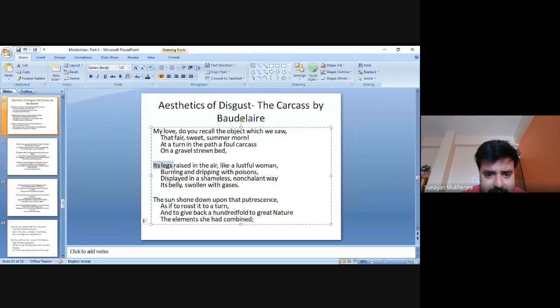see its legs raised in the air like a lustful woman, burning and dripping with poisons, displayed with shameless nonchalant way, its belly swollen with gases. Now, have you ever come across a poem which describes the dead body, the belly swollen with gases, the sun shone down on that putrescence, the gangrene, as if to roast it to a turn.